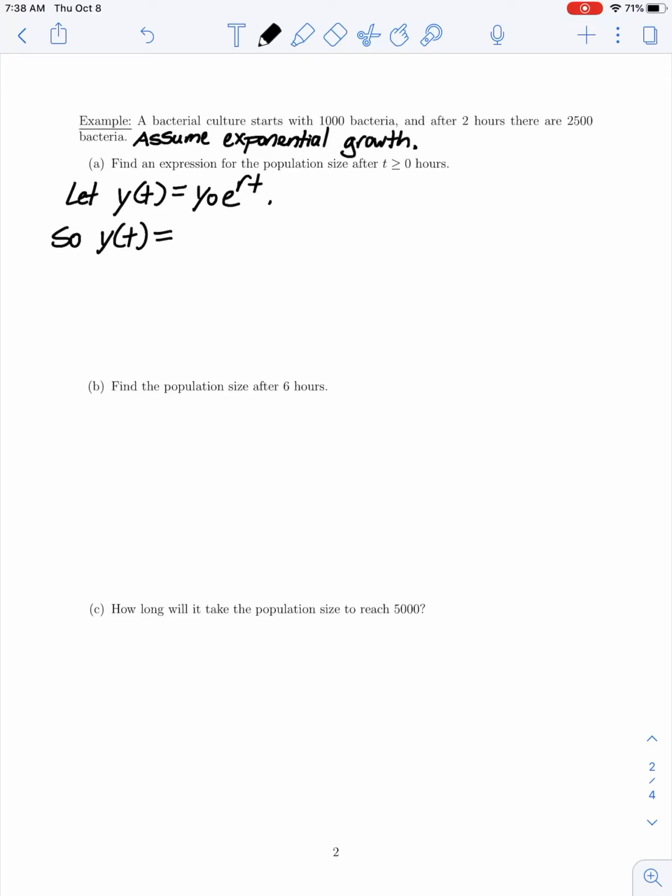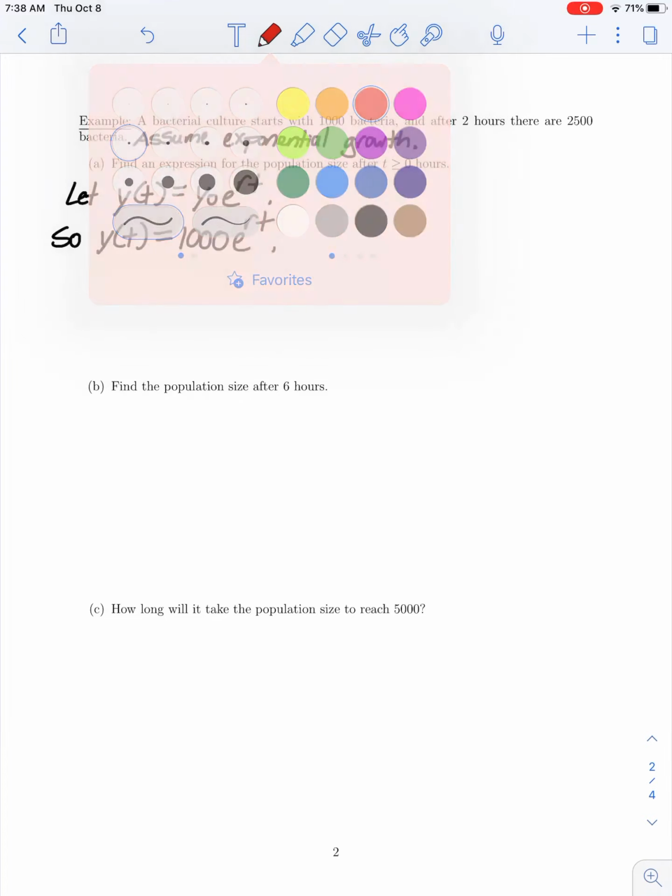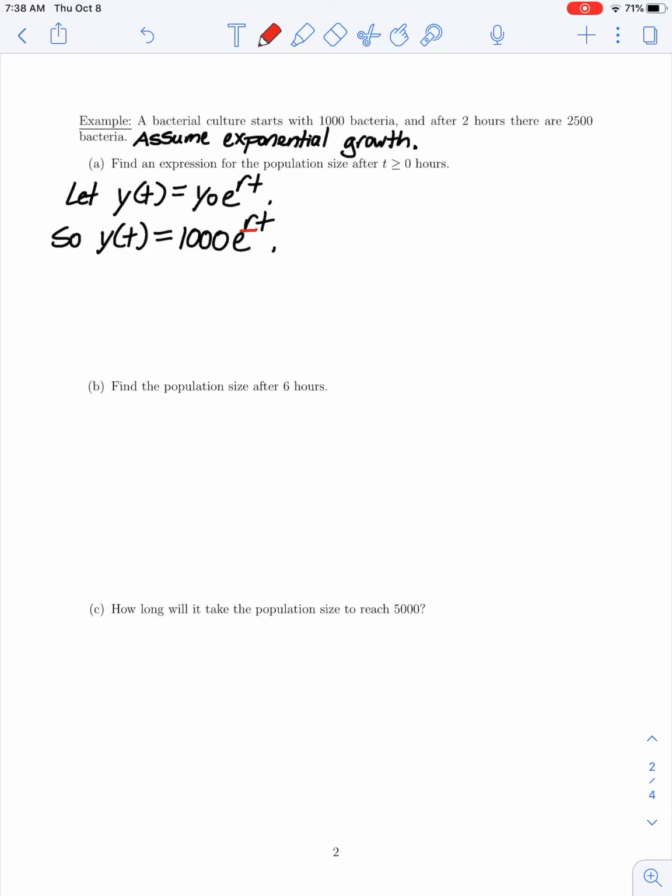This bacterial culture starts with 1,000 bacteria. So at any time, our population size, or the number of bacteria in this culture, would be given by 1,000 times e to the rt. And the question is, well, what is this intrinsic growth rate r?